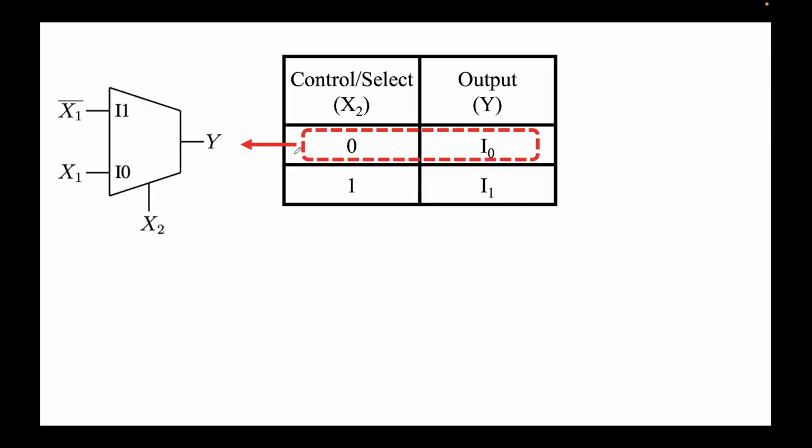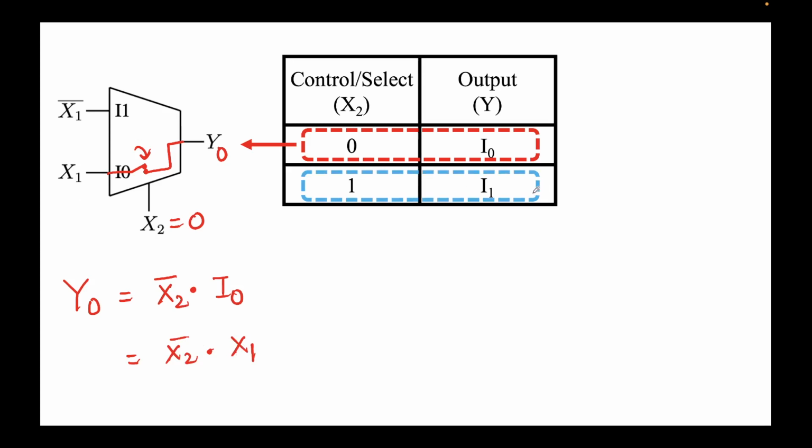So for the first row, this switch is closed, and we obtain that y0, the output for this case, is I0 times x2 bar. Why x2 bar? Because this is 0, so it will be true only when we put a bar over it. So x2 bar times I0, and the value of I0 is nothing but x1, so this will turn out to be x2 bar dot x1.